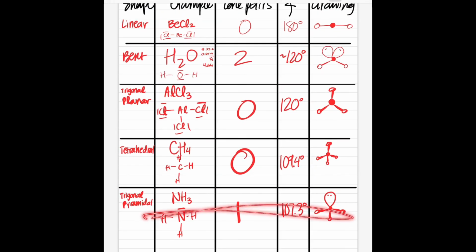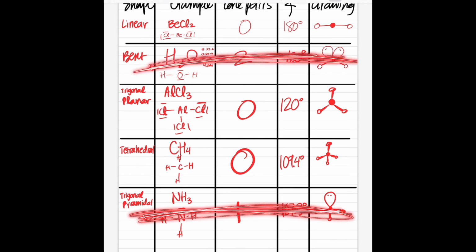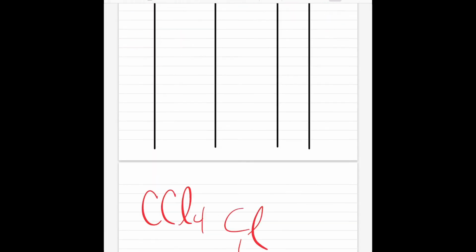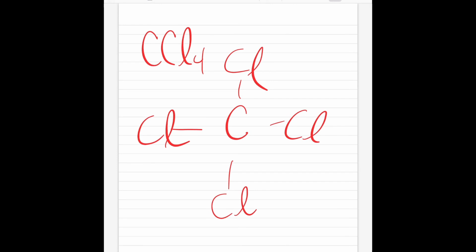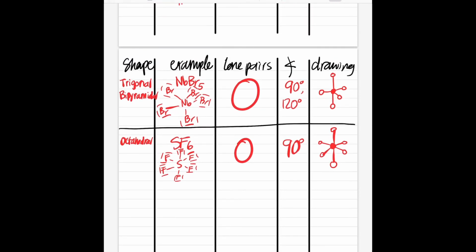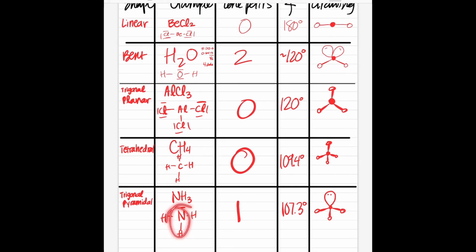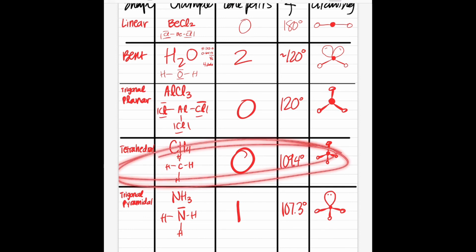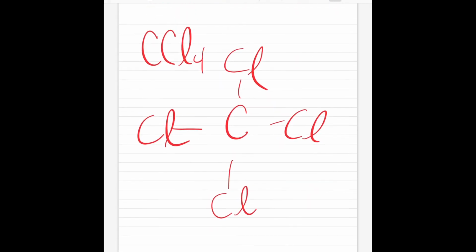Trigonal pyramidal is out, and bent is out because those have lone pairs. But I do have 4 things coming off my center atom. So let me go see if I've got 4 things coming off my center atom. This one has 6, this one has 5, this one has 3, this one has 4. That's the one, okay? This is tetrahedral, all right?